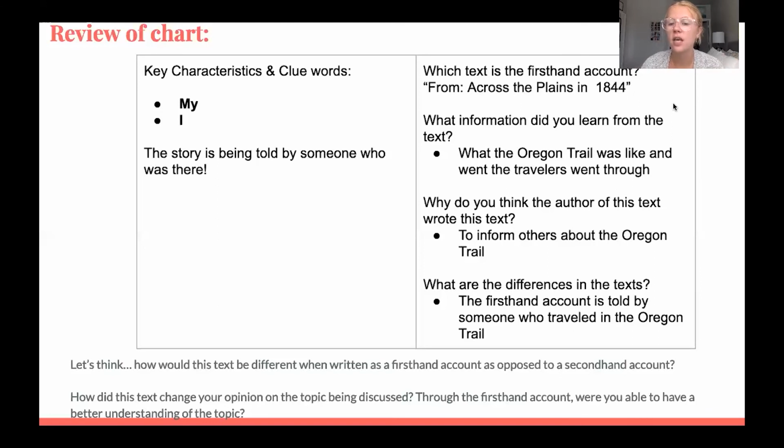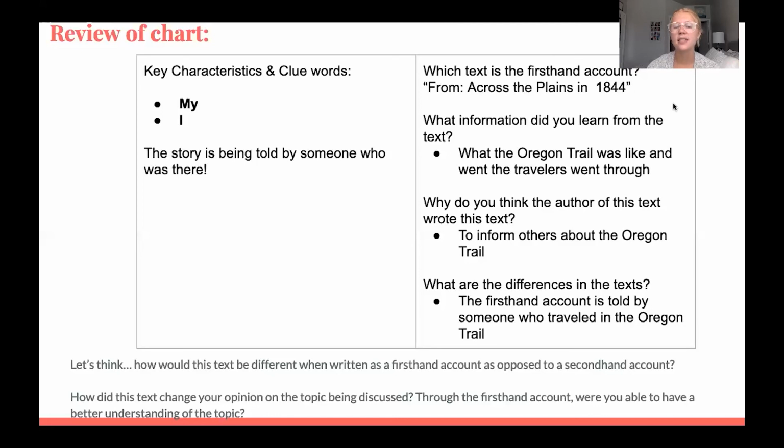Think to yourselves about exactly what differences you saw between the texts, and which account you think you learned more from. And how did this text change your opinion on the topic being discussed? Through the first-hand account, were you able to have a better understanding of the topic?